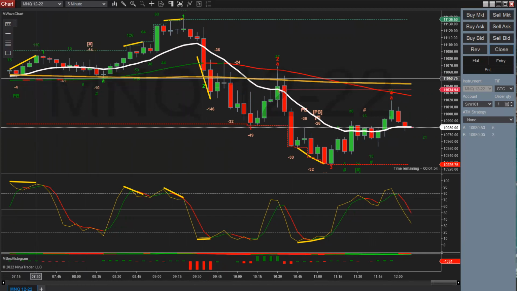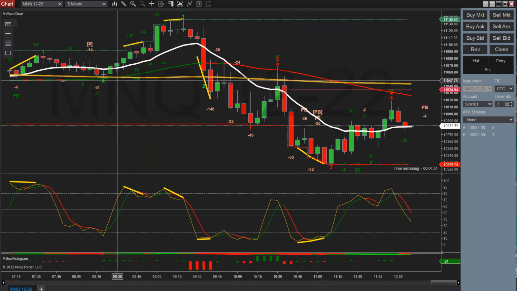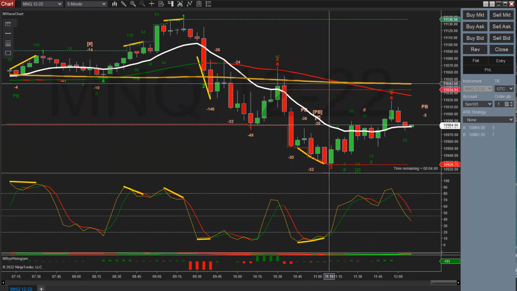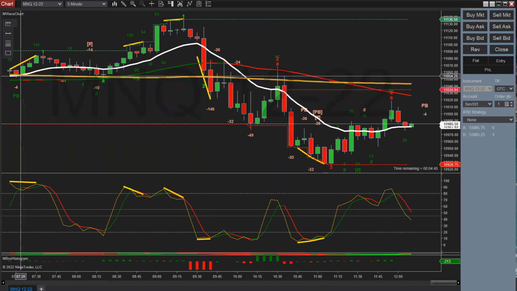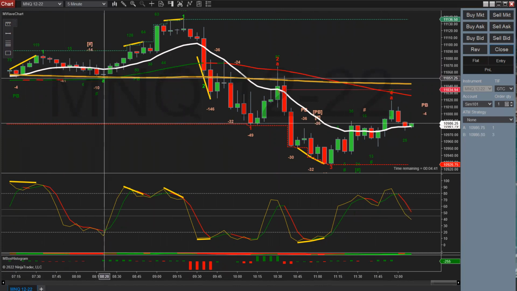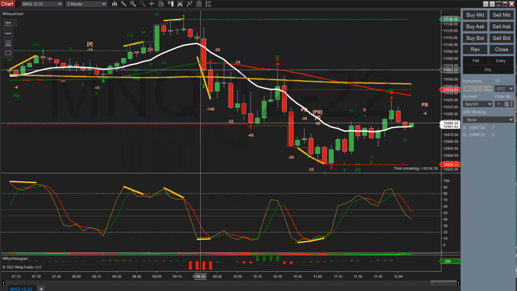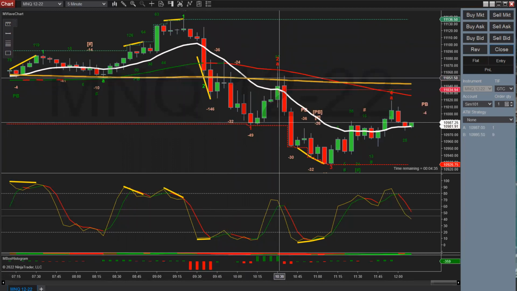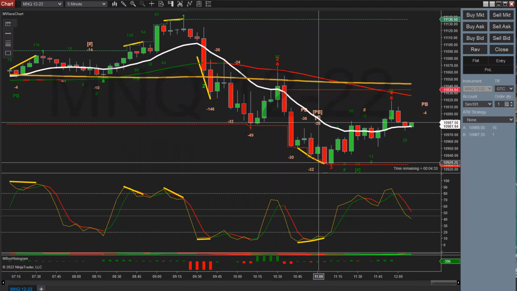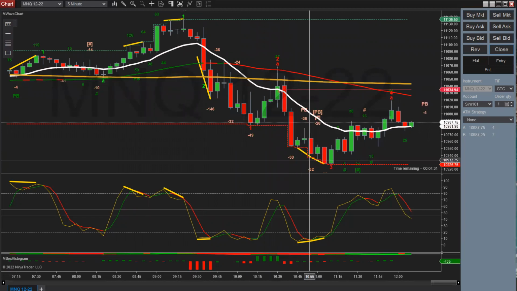The 200 does the same thing, although it's a much bigger moving average, so it's going to be a flatter looking moving average. Comes here, doesn't go below the 200 or the 50 until it gets over here where it starts breaking down and goes below both and comes back and retests it to go back down. So these moving averages can help you with direction of the market.